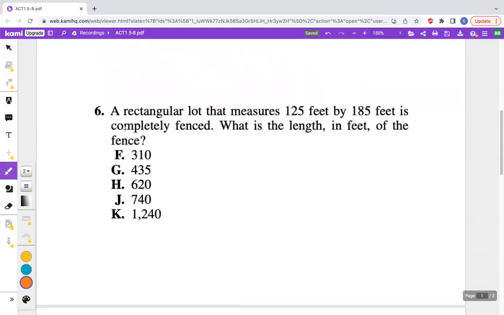All right, number 6. A rectangular lot measures 125 feet by 185 feet and is completely fenced. What is the length in feet of the fence? Okay, so they're giving us the dimensions of the lot, which is 125 by 185. We can see this is not drawn to scale. That's all right.